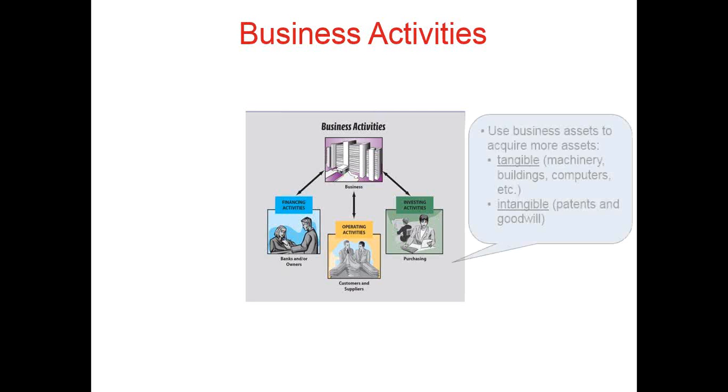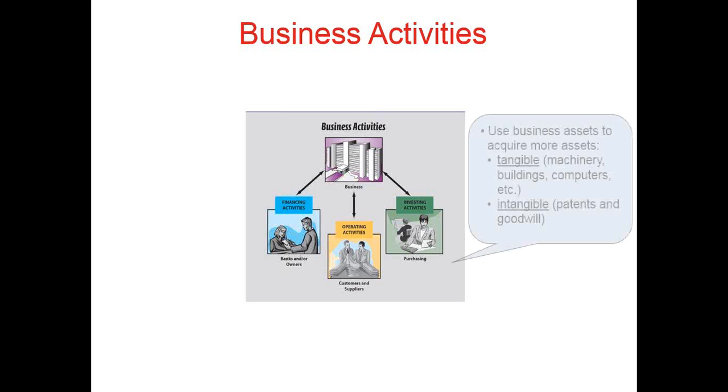The investing activities include buying assets. Assets are things the business owns that it uses in the business. So buying assets to do what it is they do. Machinery, equipment, plants, buildings, vehicles, all those things.